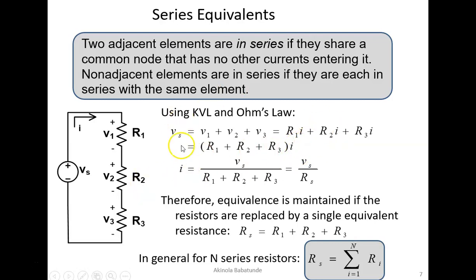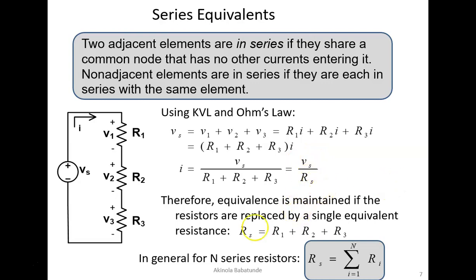Hence, we can rearrange this equation and make I the subject of the equation, and that gives us I equal to Vs divided by R1 plus R2 plus R3, where the addition of all these resistances can be given as the equivalence of all the resistances that we have in series, and that is written as Rs. Therefore, our I, which is the current, is equal to Vs over Rs, where our Vs represents the equivalent voltage and Rs represents the equivalent resistance.